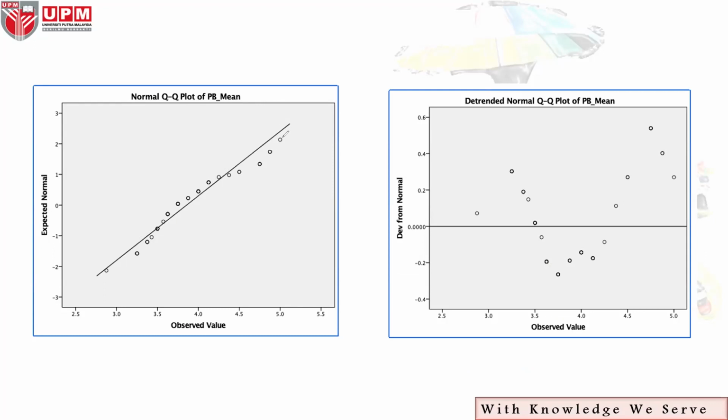But make sure that the dots, the data here, fall within the straight line. As long as it is close to the straight line, then we can make the conclusion that our data met the assumption of normality based on the normal QQ plot. The detrended QQ plot is a bit difficult, so it's okay. This one is enough. Okay, next one.